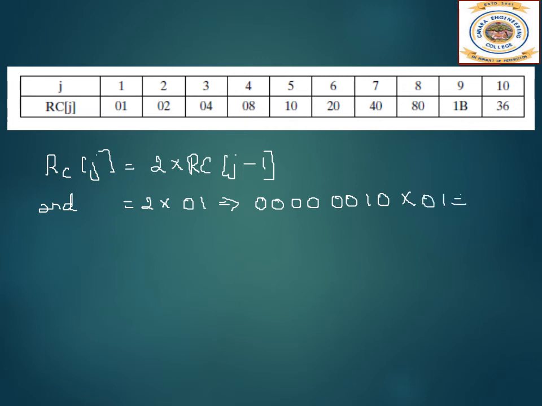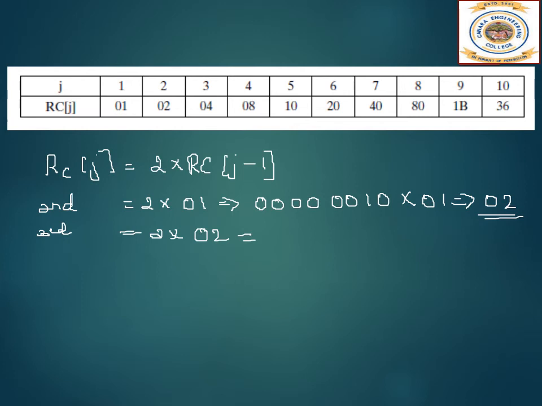So you are going to get it as 0 2, right? Then for the third round it is again 2 into the RC of j of the previous round, and in the second round it is 2. So what will we get over here?